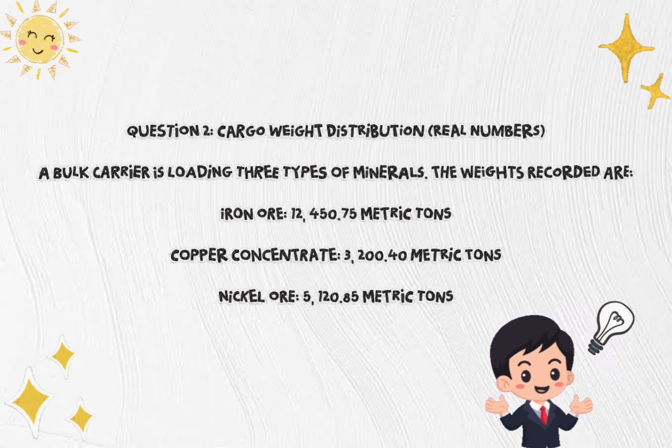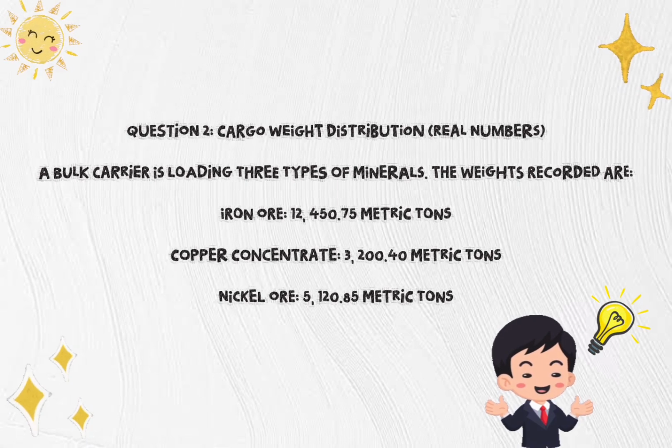Question 2 is cargo weight distribution, using real numbers. A bulk carrier is loading three types of material: iron ore, copper concentrate, and nickel ore. The iron ore has 12,450 metric tons, the copper has 3,200.40 metric tons, and the nickel has 5,120.85 metric tons.